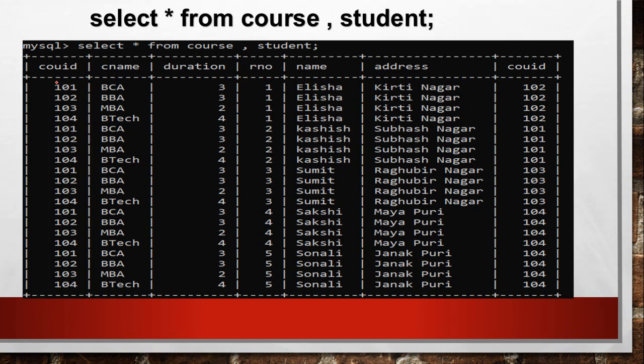Now here you can see that all the records of the course table, like 101, 102, 103, 104, are combined with the first record of the student table, and then 101 to 104 are combined with the second record of that table, then all the records are again combined with the third record, then again all records are combined with the fourth record, and then all records are combined with the fifth record of the student table.